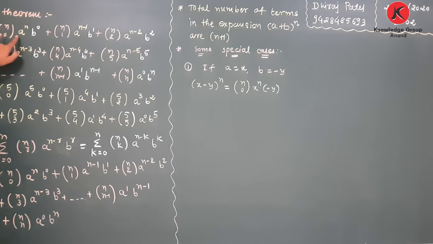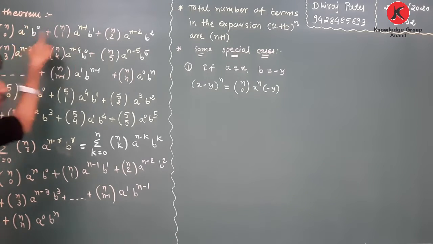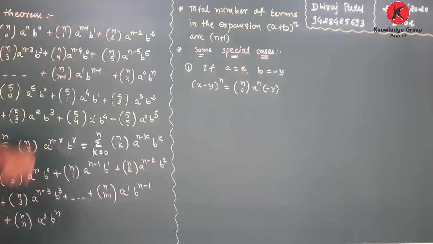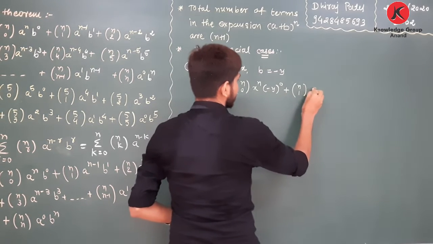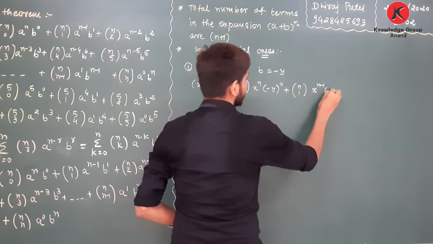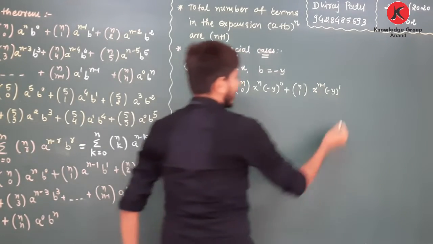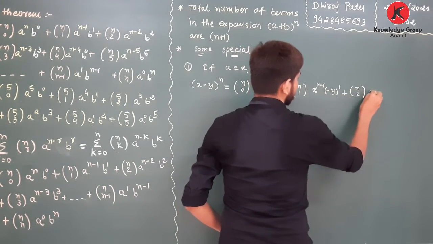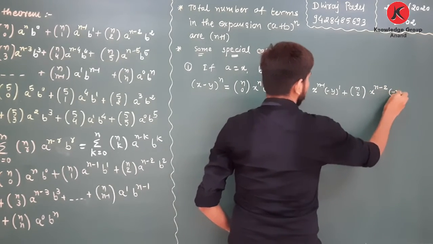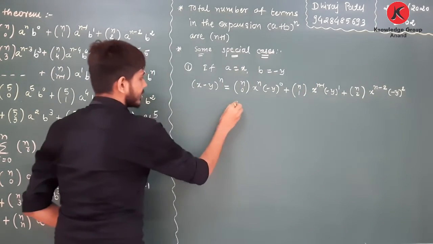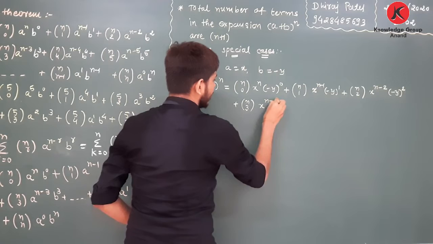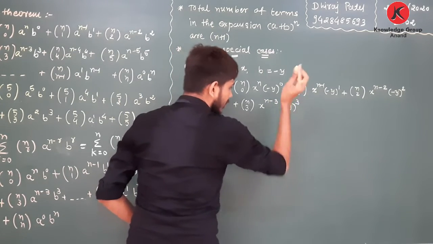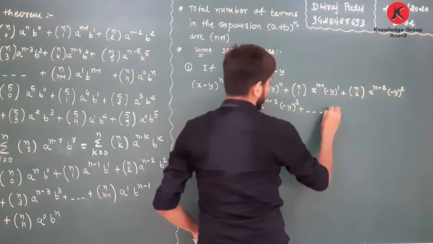Therefore we are getting nC0 x^n (−y)^0 plus nC1 x^(n−1) (−y)^1 plus nC2 x^(n−2) (−y)^2 plus nC3 x^(n−3) (−y)^3 plus, and so on up to the last term.